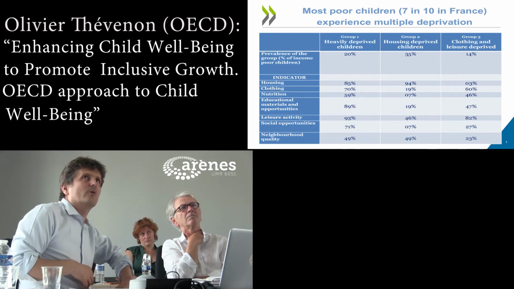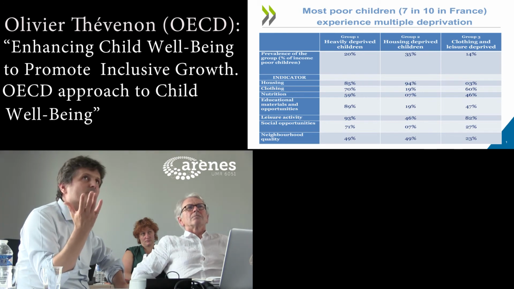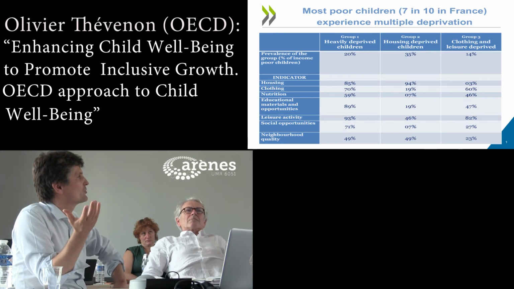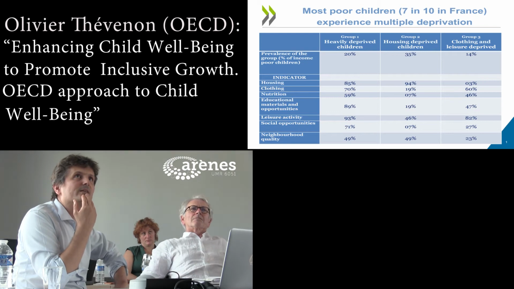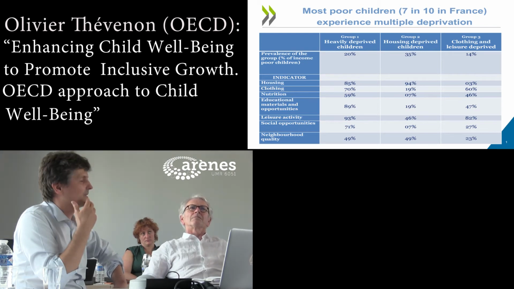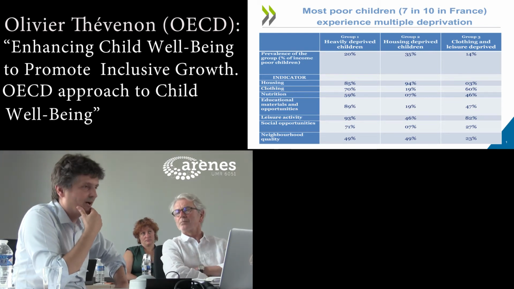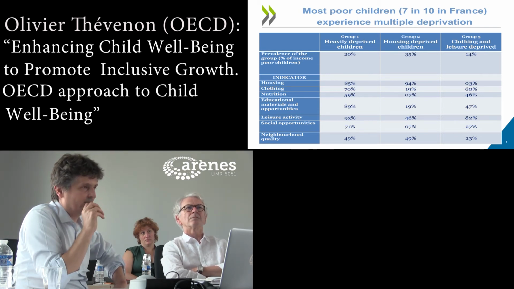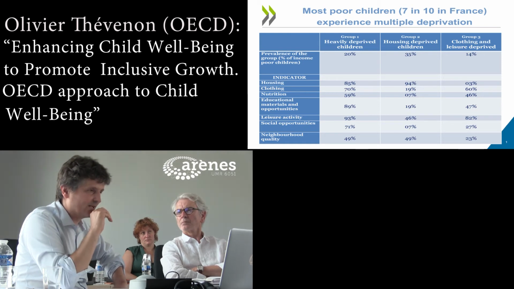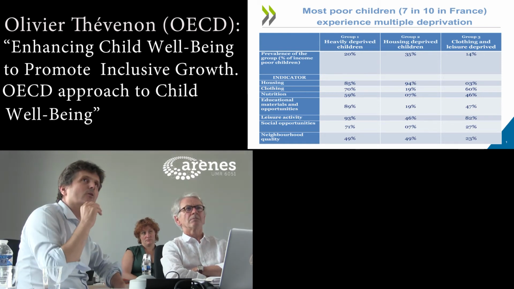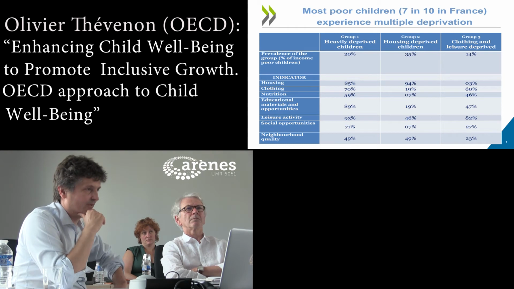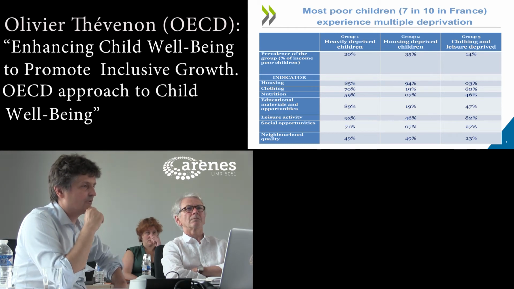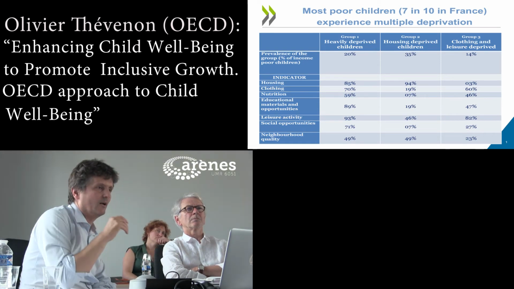Then you have another group, which represents more than 1/3 of the income poor children, who are mostly deprived in terms of housing. They live in bad quality housing, and that's their key risk. Also, a large fraction of them are also deprived in terms of leisure opportunities, or in terms of the quality of their neighborhood.